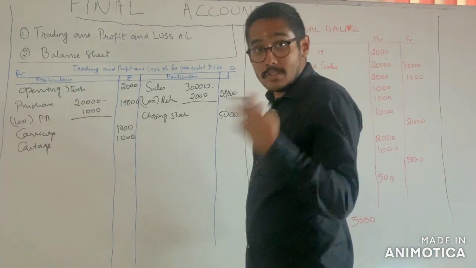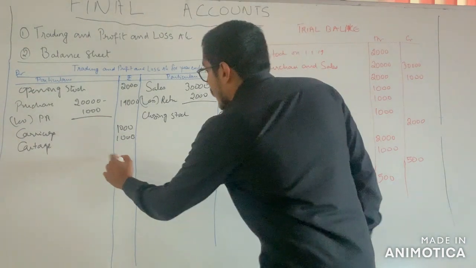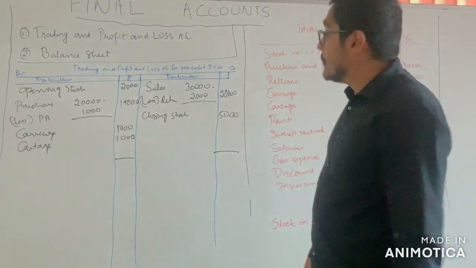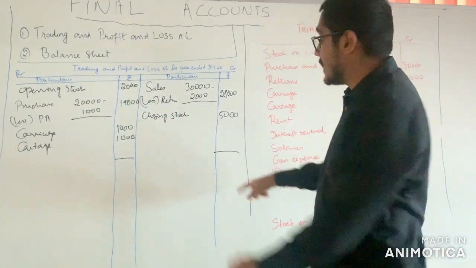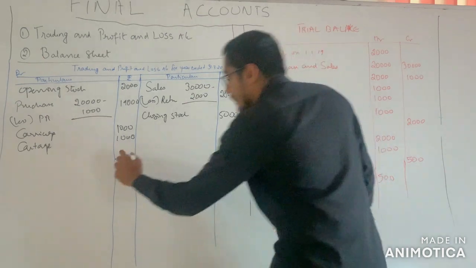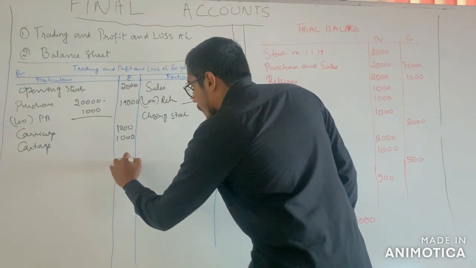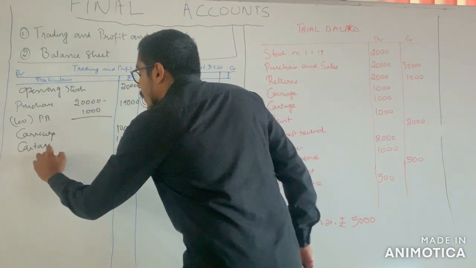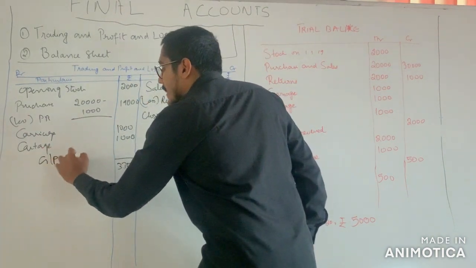There are no more entries coming in the trading account, so we can balance this to check whether it is gross profit or gross loss. Which side is maximum? This side, right? Credit side. That means 28 plus 5, 33,000. And if you are balancing this, gross profit carried down.